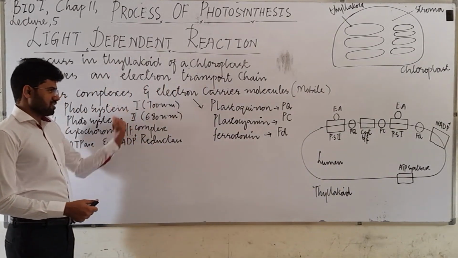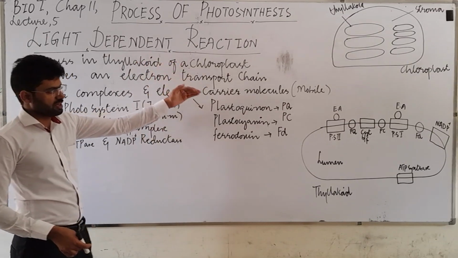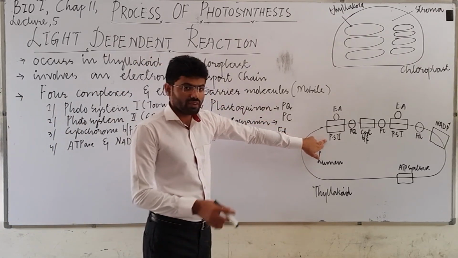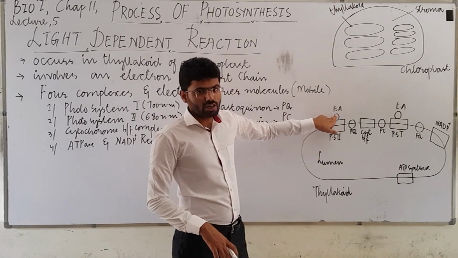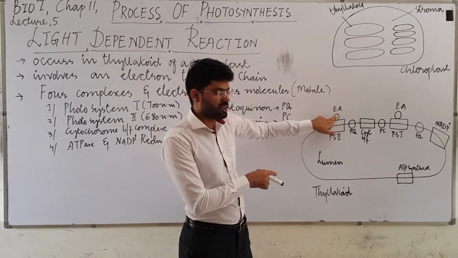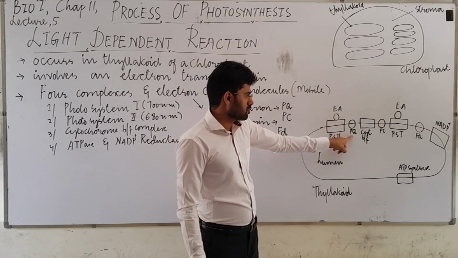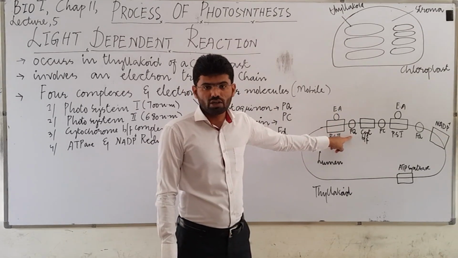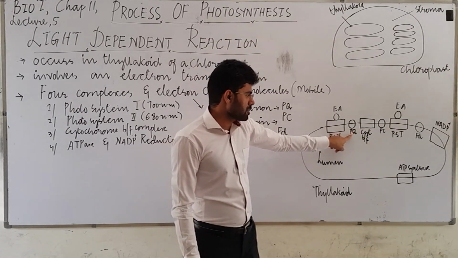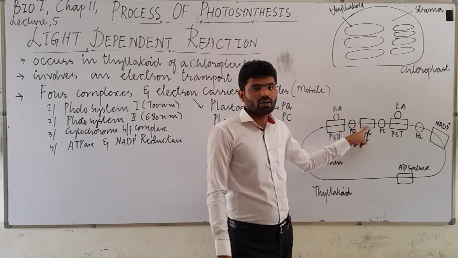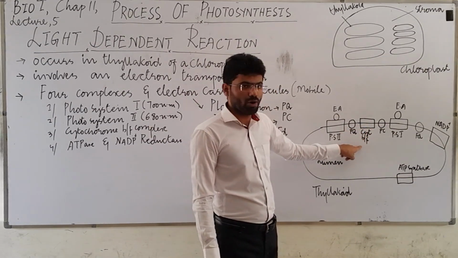As I was saying before, for this electron transport chain, the reaction center has a photosystem 2 molecule which has an electron acceptor molecule. This will accept the electron, and this is called the first mobile electron carrier molecule, plastoquinone. After plastoquinone, there is another complex called the cytochrome b6f complex.